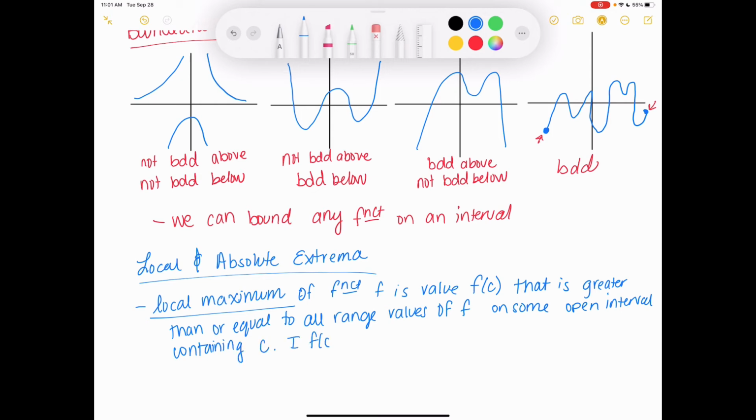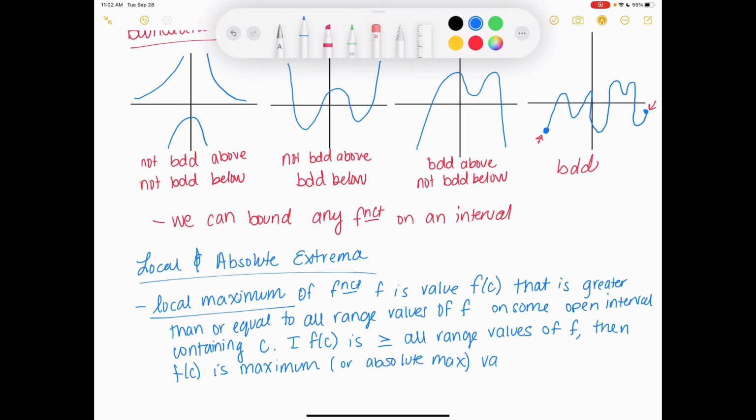If f of c is greater than or equal to all range values of f, then f of c is the maximum or absolute max value of f.